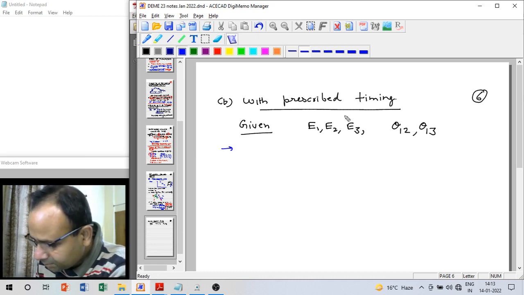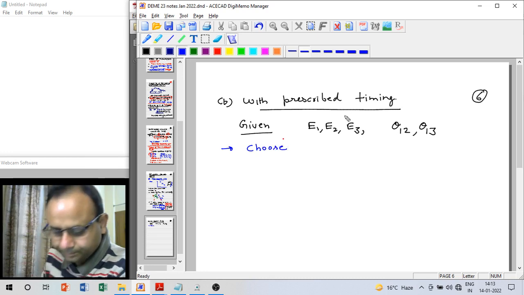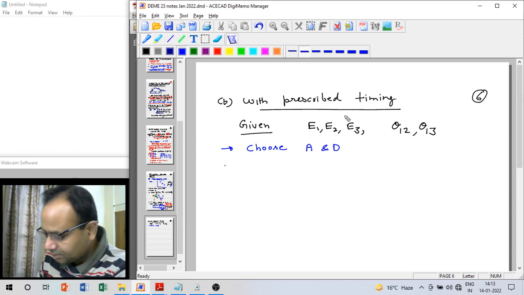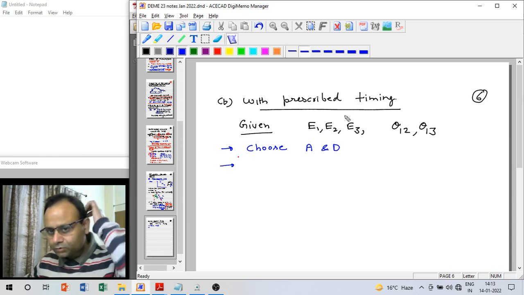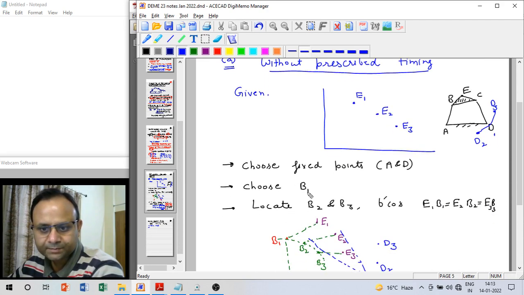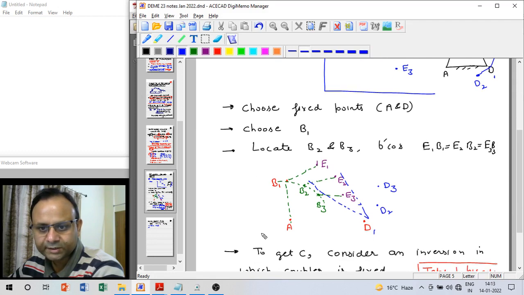So there is additional information that is given here. The method will be just as previously. We choose point A and D. Previously we also chose point B. We had that freedom, and then we located B2 B3, and that was done to get point C. Now the change will be, we will not be able to choose point B arbitrarily because the timing is also prescribed.